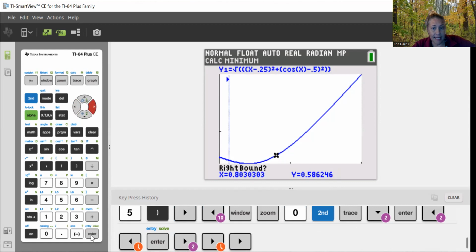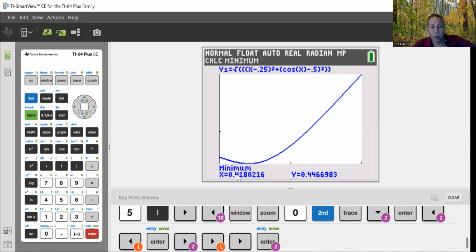Okay, so I get an x value, and I like how my calculator marks it off like that. I get this x value of 0.418. The distance to the curve is actually 0.44, right? That's the distance to the curve.